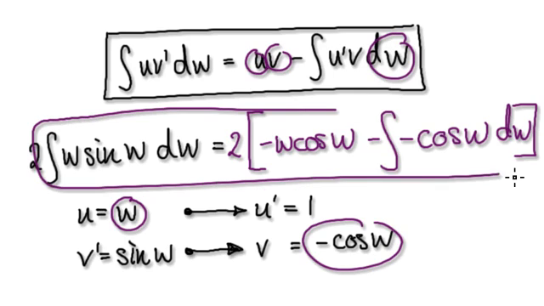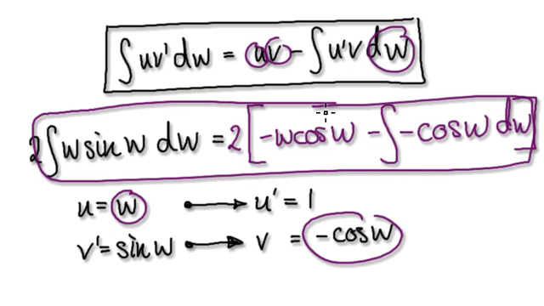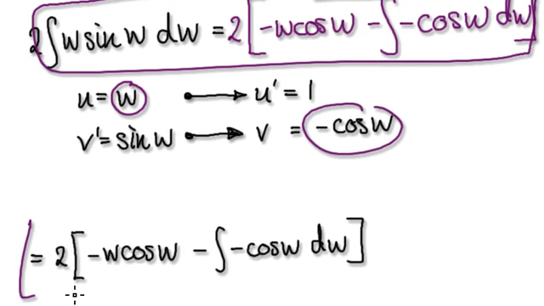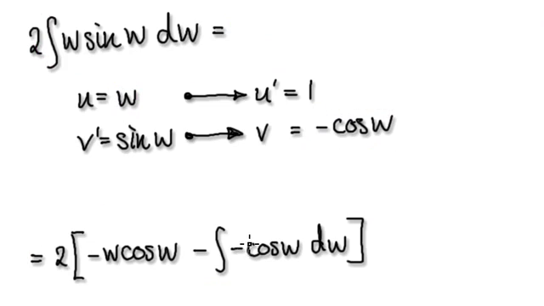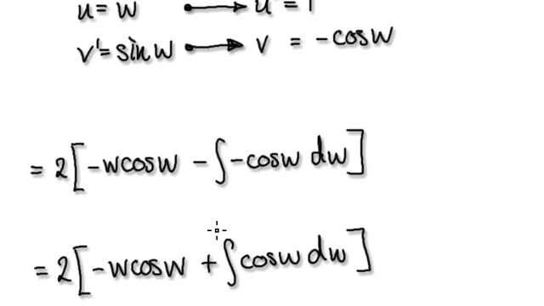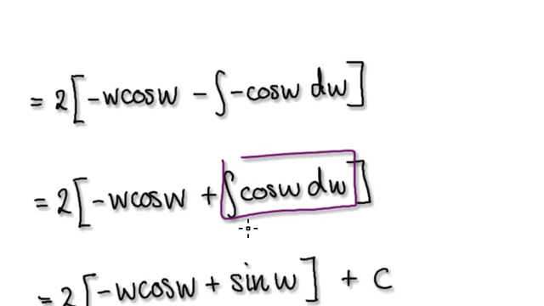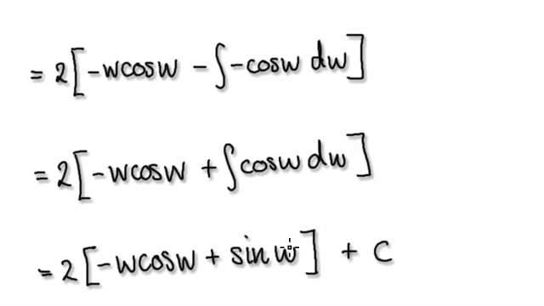So this whole thing here will then become this. Now you've got a negative 1 here. It's just a constant, so take the negative 1 out. That will give you this, and this is straightforward to integrate. Integrate that, it will give you this, plus a constant.